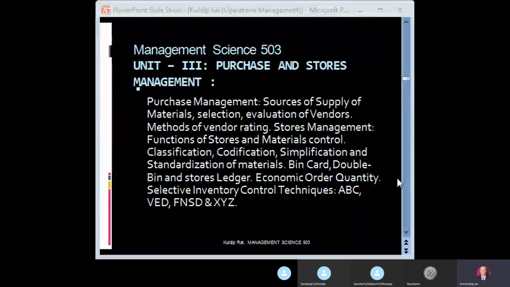Anything which we interact with that vendor, in that we would like to rate the vendor. Generally, this rating is done on a scale of 1 to 5. If you are totally satisfied with the service of the vendor, you give him a rating of 5. If you are totally dissatisfied, you may give him a rating of 1 or 0.